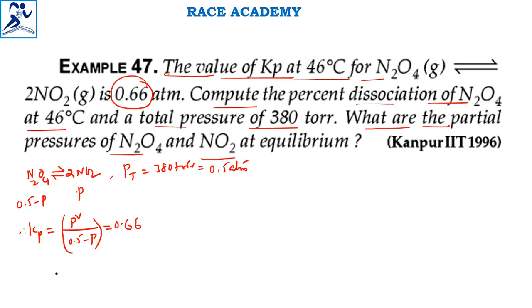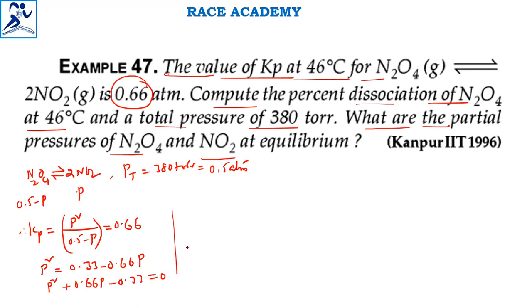If you cross multiply, then you will get P square is equal to 0.33 minus 0.66 P. That will be rearranged, then we will get P square plus 0.66 P minus 0.33 equals 0.